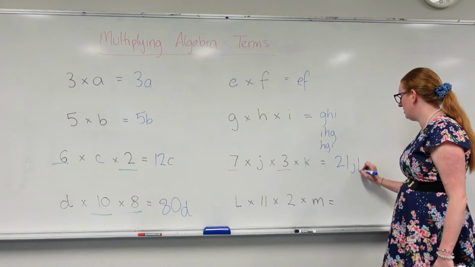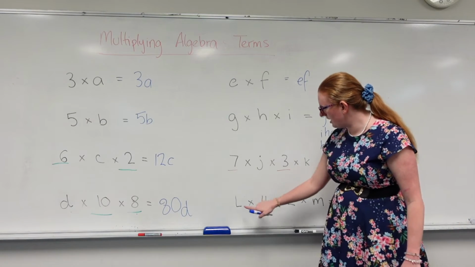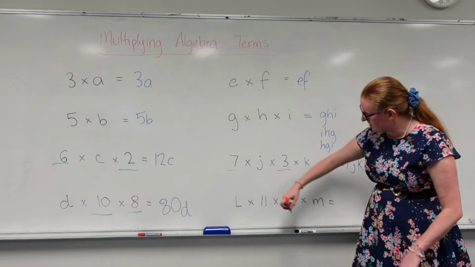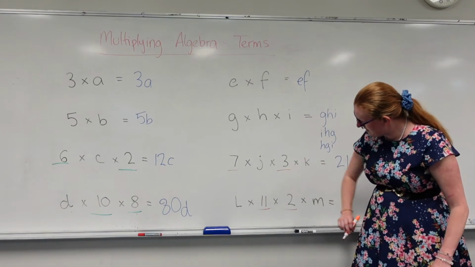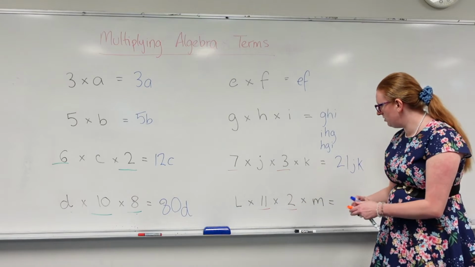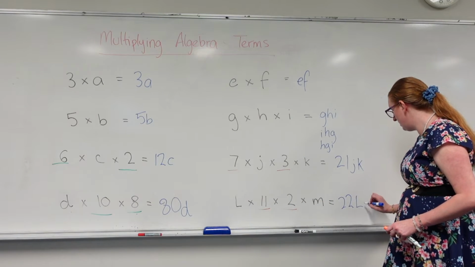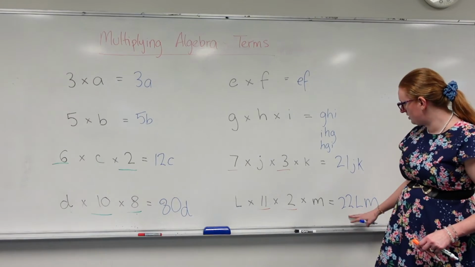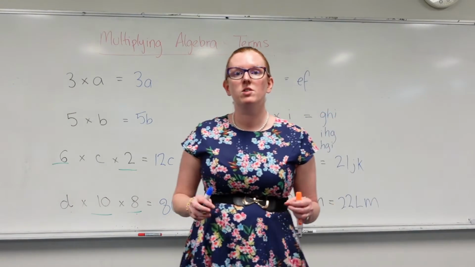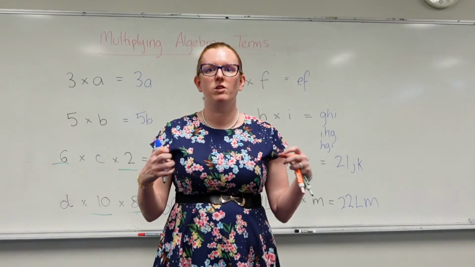So 21jk. Great. And then lastly, we've got L times 11 times 2 times m. So I'm going to multiply my numbers together first, and then just throw the letters on the end. So 11 times 2 gives me 22, and then there's an L, and there's an m. So 22LM.